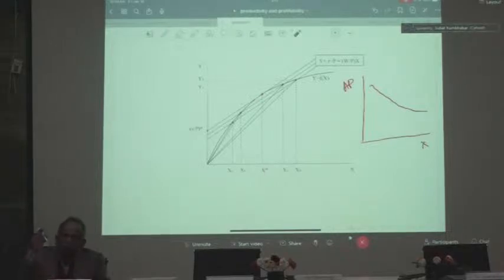So the point is that although the productivity or average product is going down, profit, I sometimes use the word profit or profitability to mean the same thing, is not necessarily decreasing. It will increase in the beginning, then reach the maximum, and then after that it will fall.